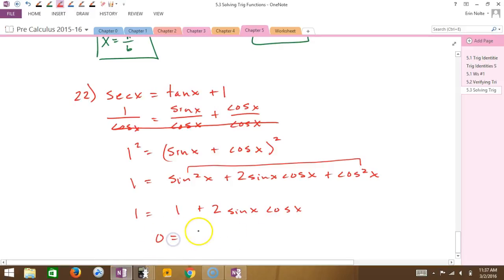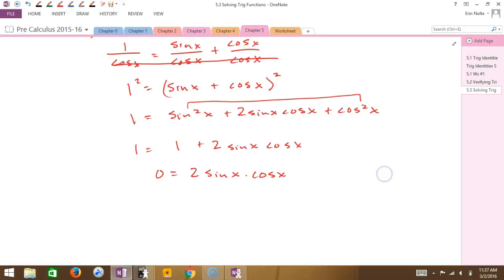Now I have 0 is equal to 2 sine of x times the cosine of x. This is kind of like the factored form. Either the sine of x is 0 or the cosine of x is 0. We can ignore the 2, because you could just divide by 2. So we have the sine of x is equal to 0 and the cosine of x is equal to 0.